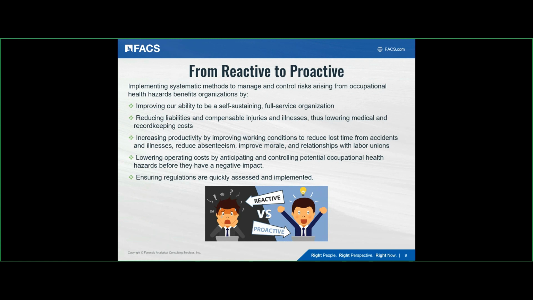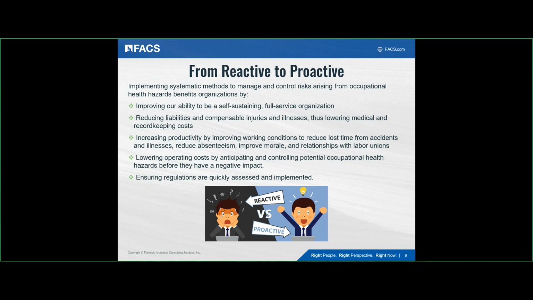So working towards the development and implementation of systematic means for identifying, managing, and controlling risks stemming from occupational health hazards helps provide a place of employment in which employees are protected from all known occupational health hazards, which not only clearly benefits the workers, but also benefits the organization as well.